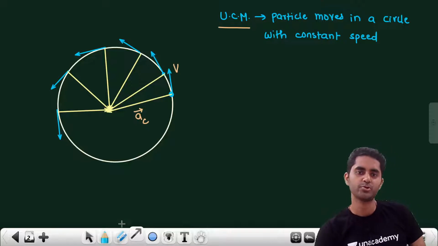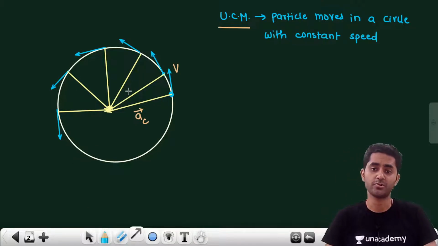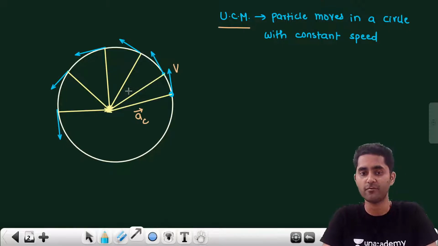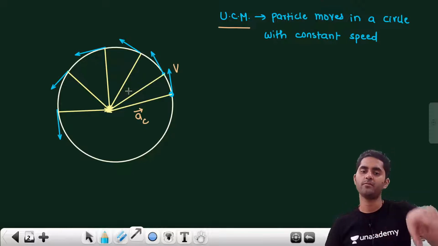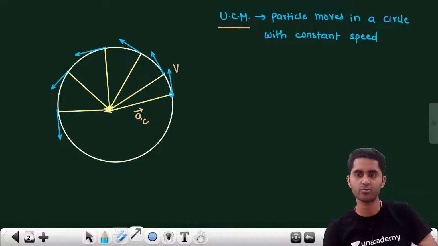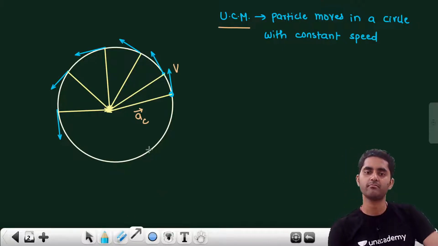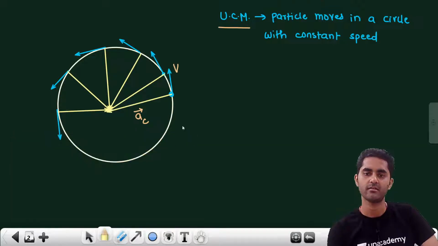Okay, let's move ahead. So this acceleration is your centripetal acceleration, that is towards the center. This is because of centripetal force being exerted on the body at each and every point. Okay, now see, there is only one acceleration, right? Apart from that, we have studied angular quantities in uniform circular motion.